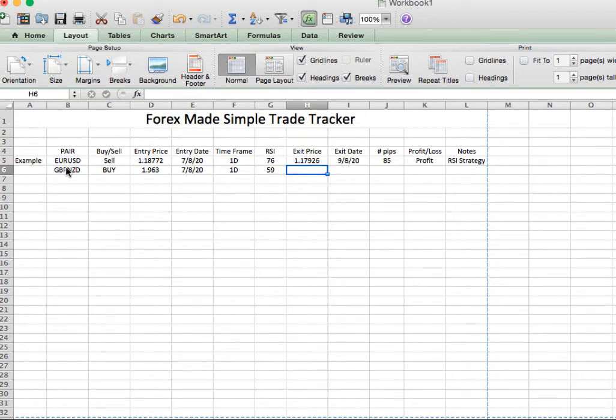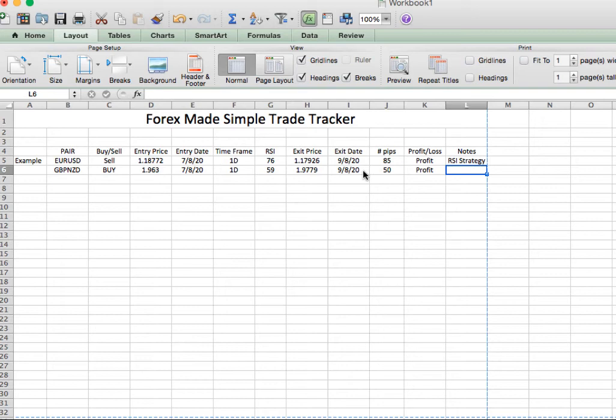Exit price was 1.97790. The date, again, was pretty much the next day, and that was for 50 pips. That was a profit.